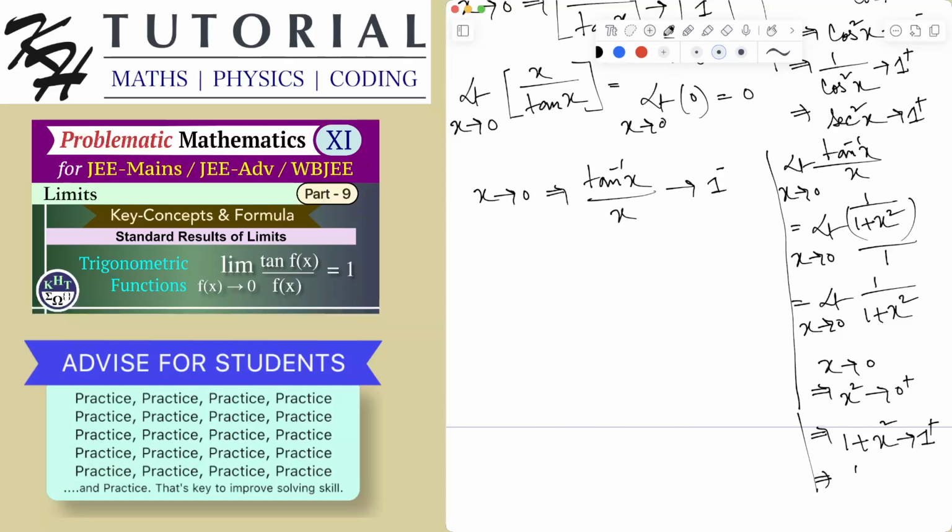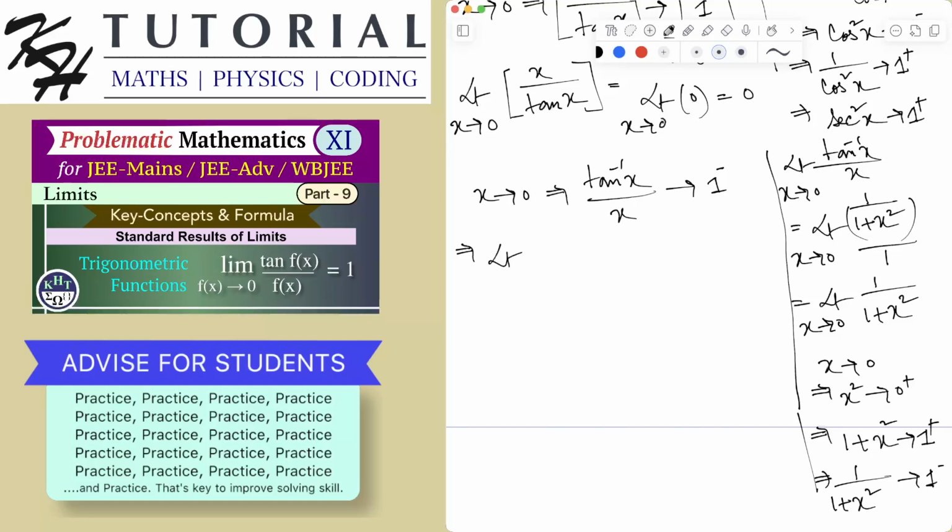This will imply 1 by 1 plus x square will then tend to 1 negative. You see, that is the reason we say that tan inverse x by x tends to 1 negative when x tending to 0. This will be important if tan inverse x is put inside a box.